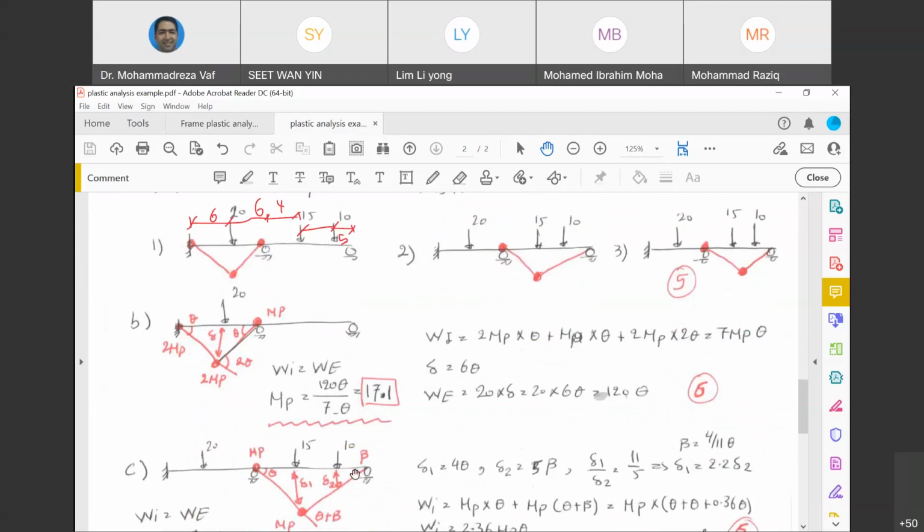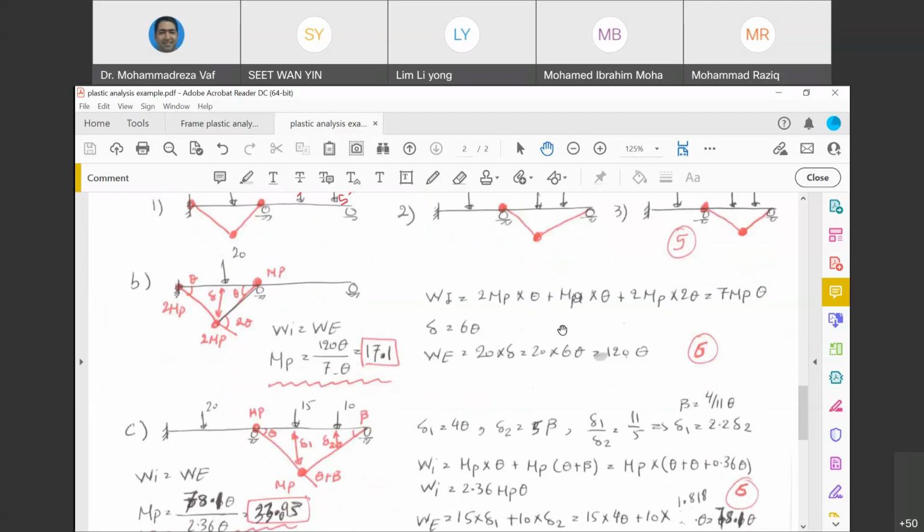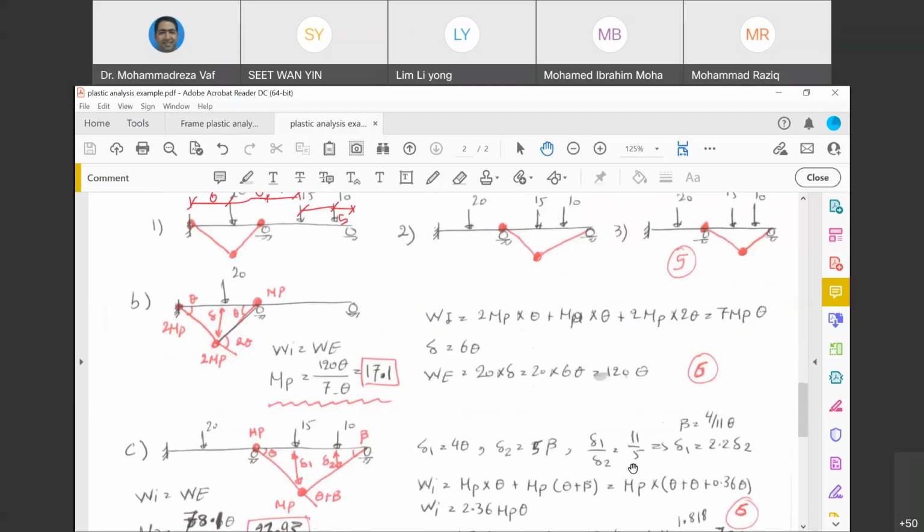Okay, this is the triangle. 11/5 should equal delta 1 over delta 2. So in order to be 11, from here to here should be 11 meter, but this one is written 2 meters. So you need to make it 6. If it is 6 meters, then you will be fine. It's going to be 11/5. And then from there, you can calculate delta 1 based on delta 2 and put beta there, and it's going to be okay. Thank you for the question.